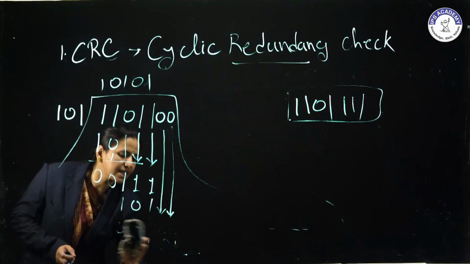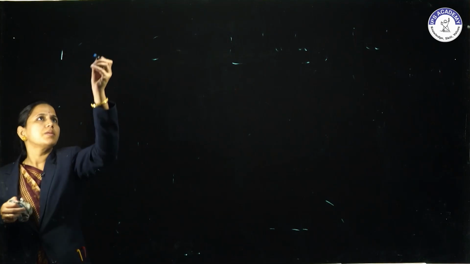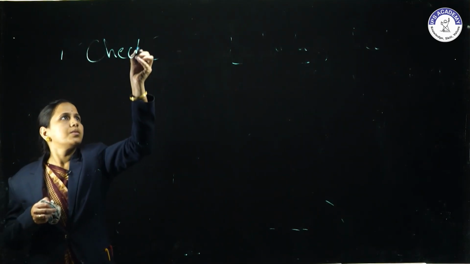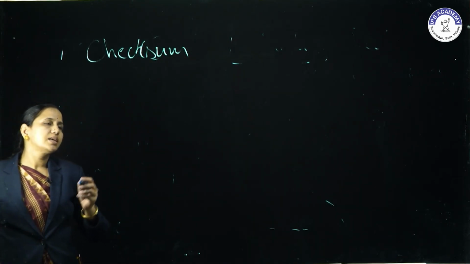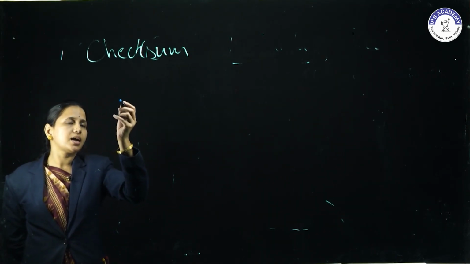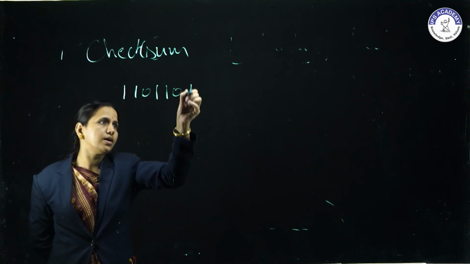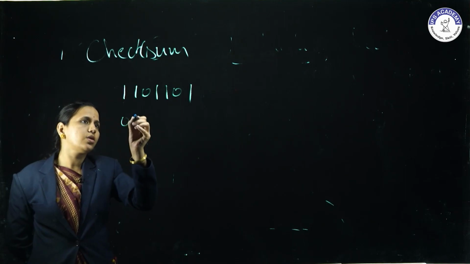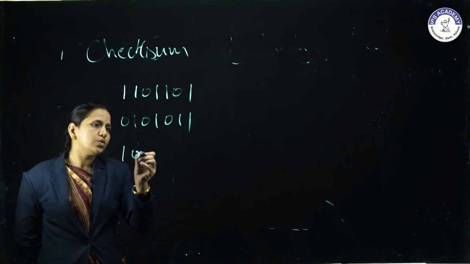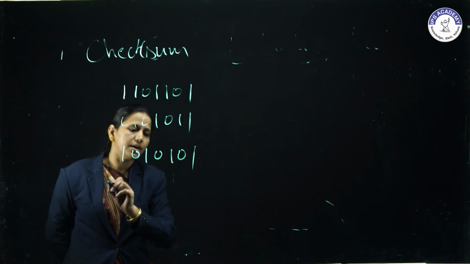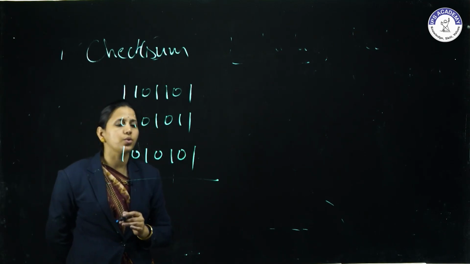Next is checksum. For example, there are 3 word units: 1101101, 0101011, and 1010101. The sender wants to send these 3 data units from one place to another place.